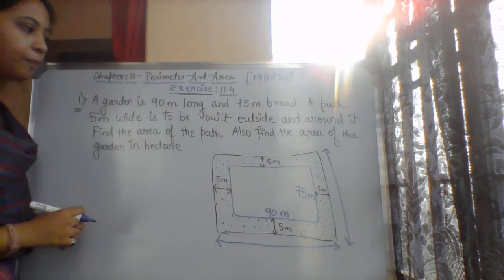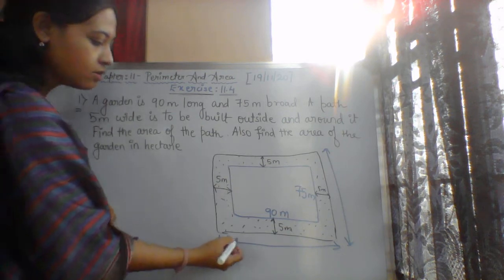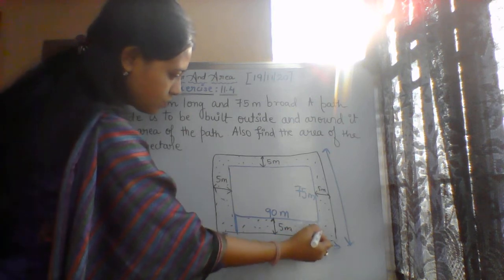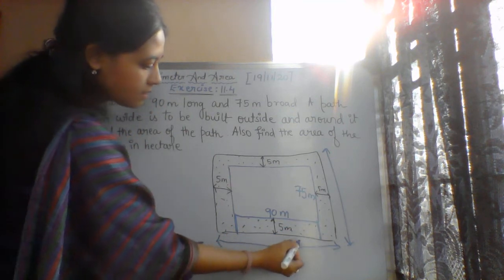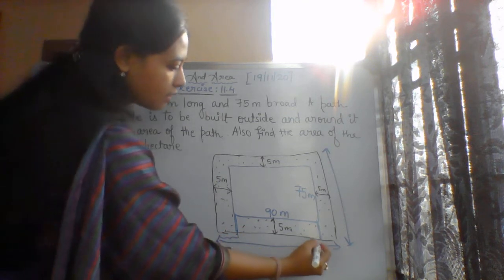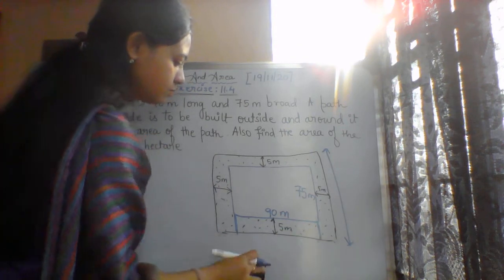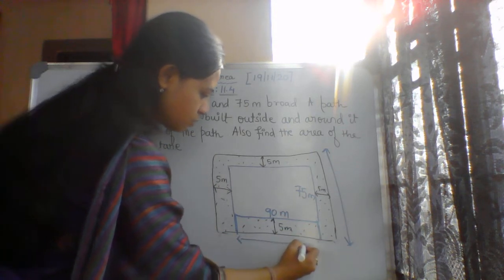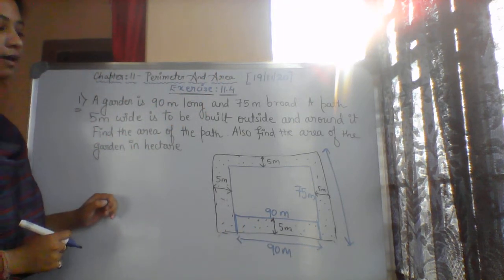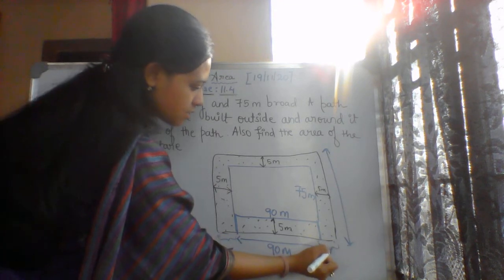So how much is the length of the bigger rectangle? This much part is the inside, this part is 90 meter. Okay, I have to add this part and this part. Now what is this part and what is this part?